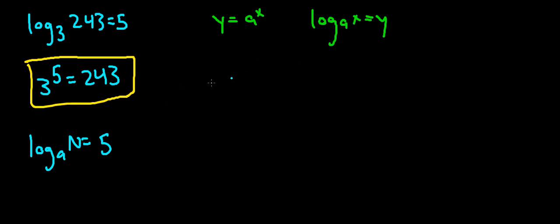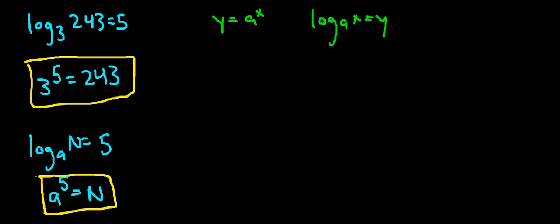And I want to convert this back into exponential form. So what I'm going to do is start out with the base. The base here is a. A to what power gives n? So a to the 5th gives n. A to the 5th is equal to n. That's all there is to it.